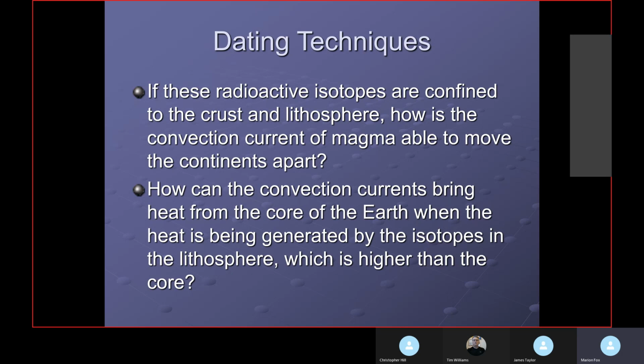Then the air would move along the opposite wall and come back in, this cooler air going back to the radiator, and it would cycle through. And that's called a convection current.